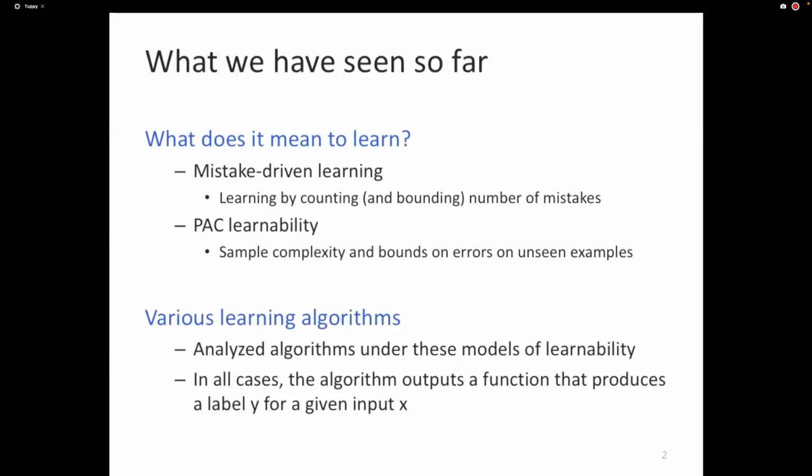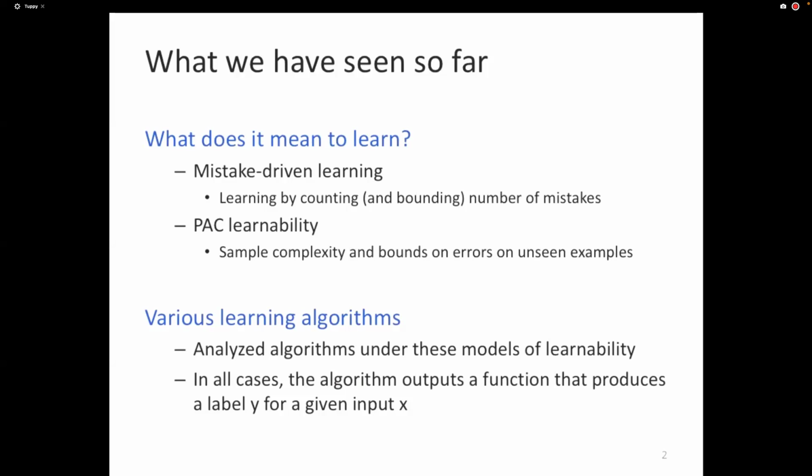We also looked at PAC learnability, and that exploration led us to this discussion of sample complexity and bounds on how many examples you need for good generalization. And in each of these regimes, there are different learning algorithms. In the mistake-driven context, specifically, we looked at perceptron.